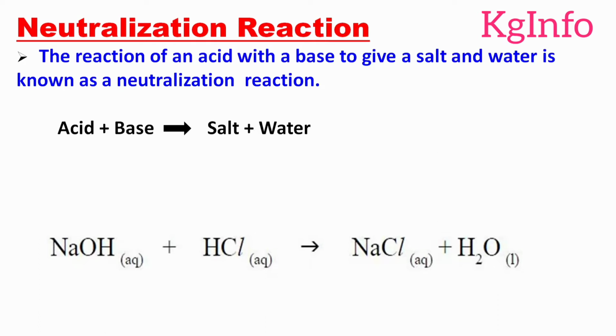A neutralization reaction is the reaction of an acid with a base to give a salt and water. So, acid plus base gives salt plus water. This is a neutralization reaction.